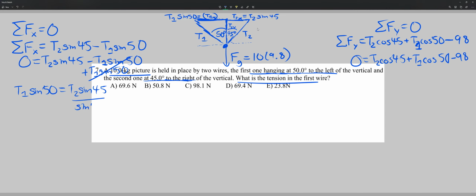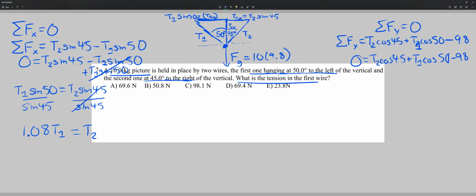Then I'm going to divide by sine 45 on both sides because I want to isolate T2. Now I have T2 equals T1 sine 50 divided by sine 45, and we get 1.083. I'm just rounding to 1.08 T1.